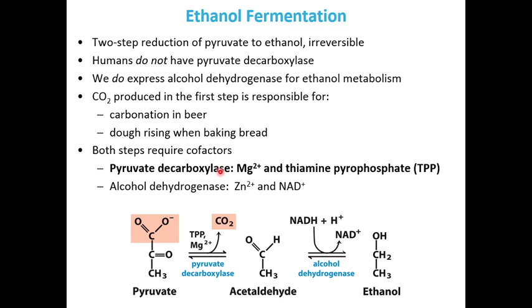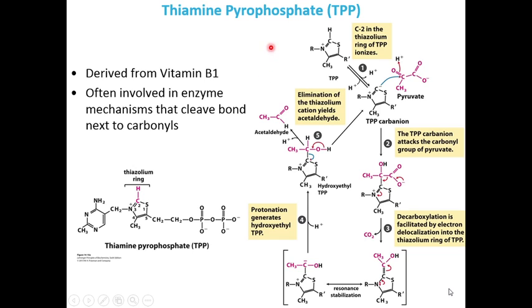Both steps require cofactors. For example, pyruvate decarboxylase requires a cofactor called thiamine pyrophosphate and magnesium. Alcohol dehydrogenase, on the other hand, requires NADH as a cofactor and zinc as a metallo cofactor. Thiamine pyrophosphate, or TPP, is a cofactor that is derived from vitamin B1.